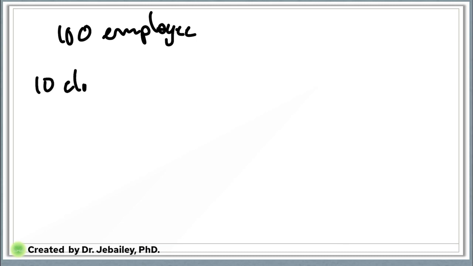The reason for this, let me explain on this graph. So imagine you have 100 people, right? You have 100 employees. They work in a company. And then you have 10 clients. Great. You give 10 clients to 10 employees. That's awesome, and it's working, right?